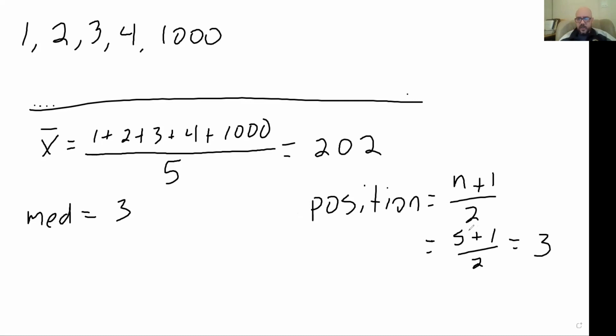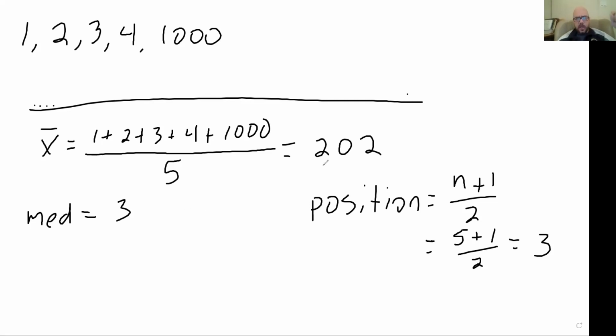That tells us that the median can be found in the 3rd position once we put the data in order, which it is. There's the 3rd position, that's clearly the middle. So yeah, you can calculate the position that you would find the median in. Most of the time, you're going to be finding your median via calculator or computer. But if you want to do it by hand, that's how you do it: n plus 1 over 2, where n is the number of things in your data set.